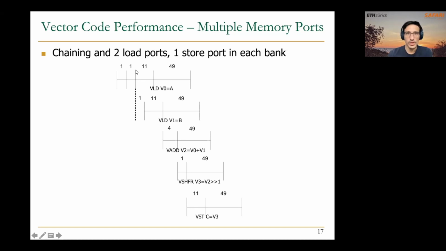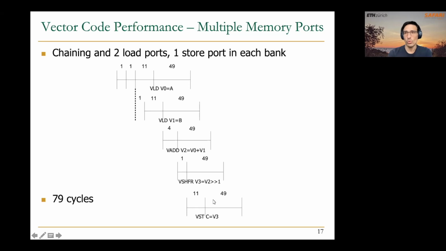As soon as we issue the first load, element A0, then we can use the second port to start the access to element B0. So these two accesses to the same banks can happen in parallel. And because we are using chaining, as soon as element B0 is ready, we can start the execution of the addition, and then continue chaining for the shift register, and finally the store operation.